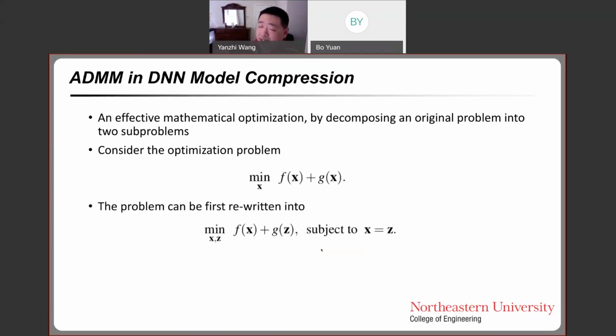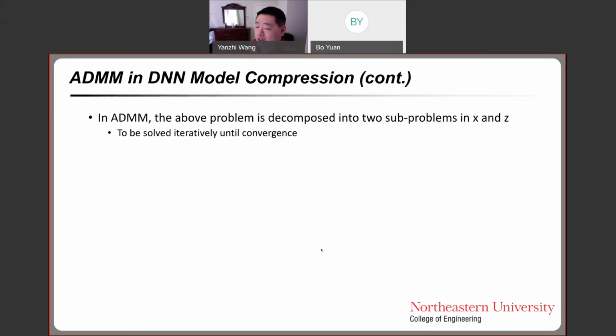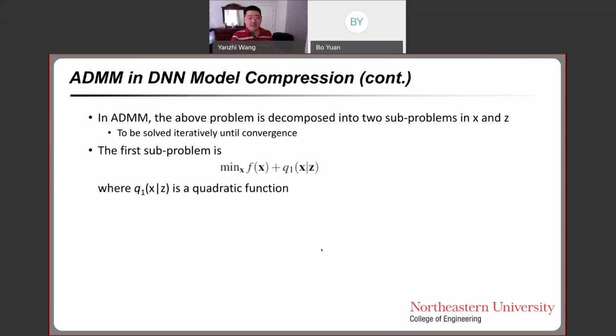This looks unnecessary, because if x equals z, the solution is the same as before. Then why do we need to do this? Because through ADMM, we decompose it into two subproblems, one in x and another in z, and they are solved iteratively until convergence.